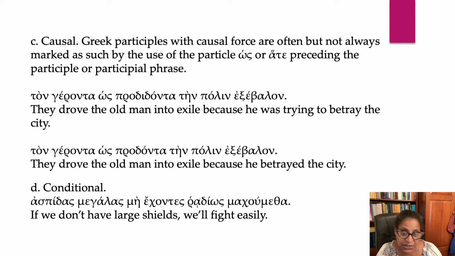However, in a condition you're going to use me as the negative, so me echontes here. And me echontes represents a conditional because you only use me when you're not in the indicative mood. So now we know that this is a condition: if we don't have large shields, we will fight easily.